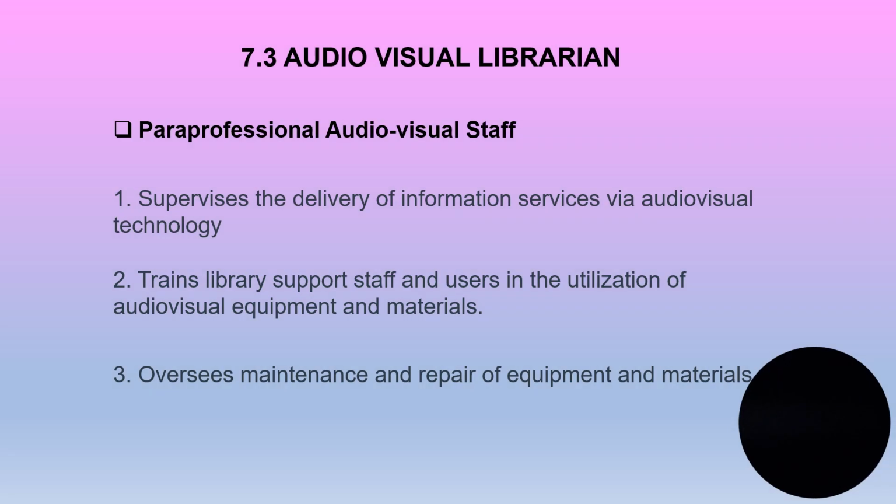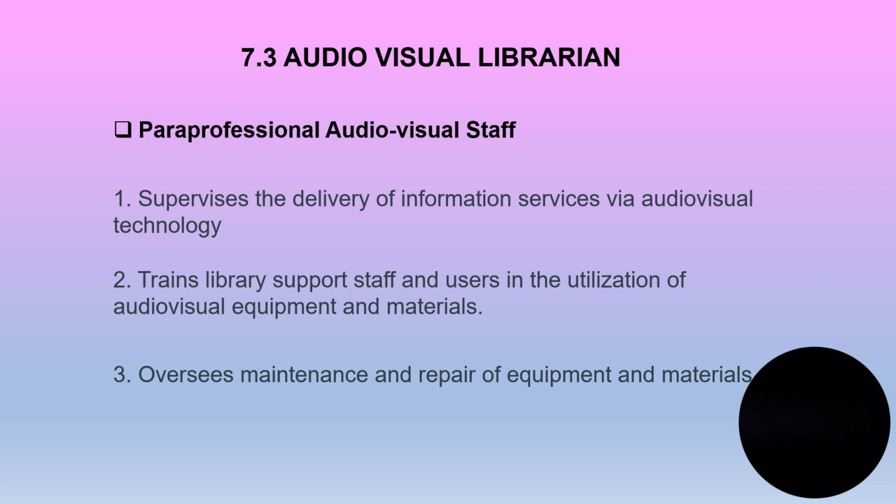Now, after the librarian, we go for paraprofessional audiovisual staff who are responsible to assist the AV librarian. They need to supervise the delivery of information services via AV technology. So whatever it is, assistant librarian or paraprofessional staff in the AV department need to assist and support their librarian.